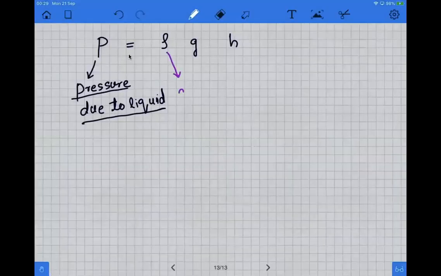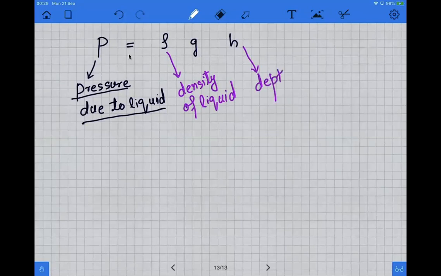Rho is the density of liquid, G is the acceleration due to gravity, and H is not the height but the depth. When you apply this formula, you have to be careful about one thing.